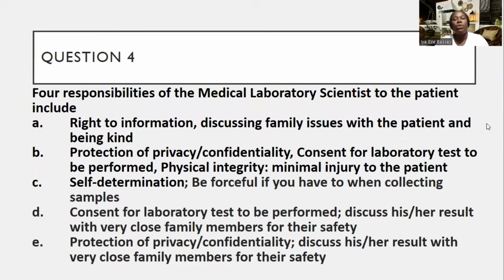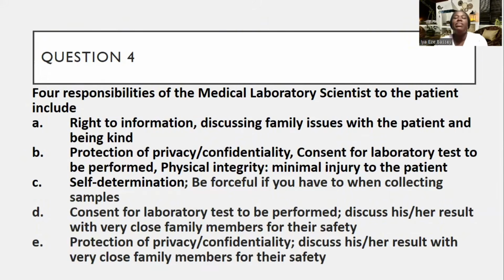So question 4, I want you to mention the responsibility of the medical laboratory scientist to the patient. All right, A, we have a right to information, discussing family issues with patients, and being kind. Then B, protection of privacy or confidentiality, consent for laboratory tests to be performed, physical integrity, meaning you give minimal injury to the patient.